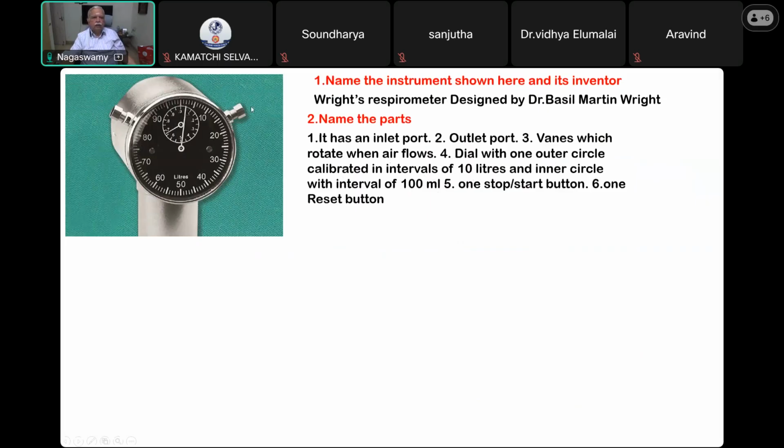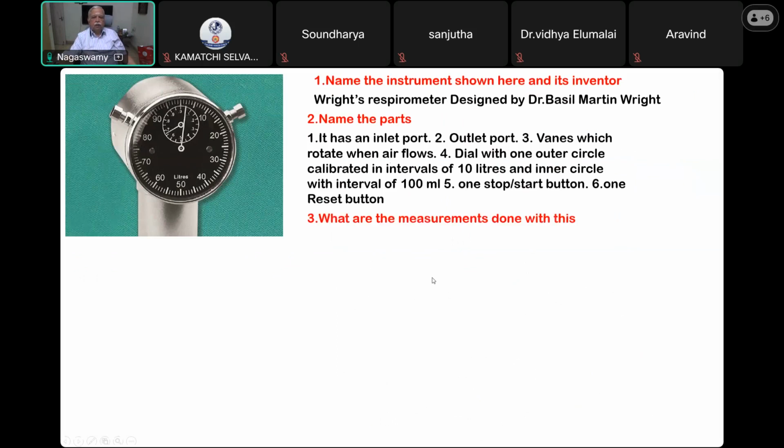And there are 2 buttons here. You can see this button and this button. One is called the stop or start button. Another is the reset button. To bring both the needles to 0, you have to press one button, then both of them will come to 0. Then you place the machine on the patient's face, press the start button, then patient will start breathing through that.